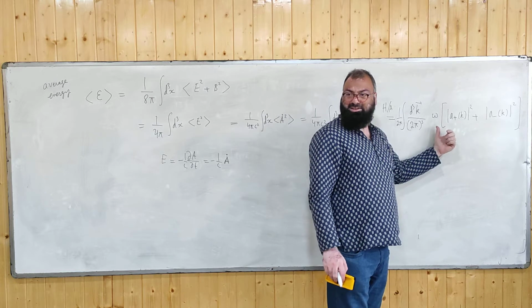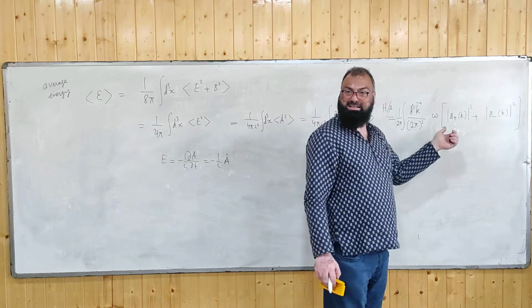It's omega divided by 2 pi. This is the amount of energy.